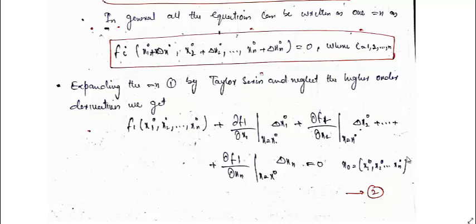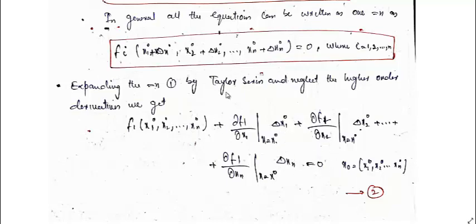You can see I have defined this x naught as the vector x1 naught, x2 naught up to xn naught. Here this function is differentiated with respect to every variable. So we can find the derivative with respect to every variable and multiply by the correction of that variable, then we'll get this equal to 0.